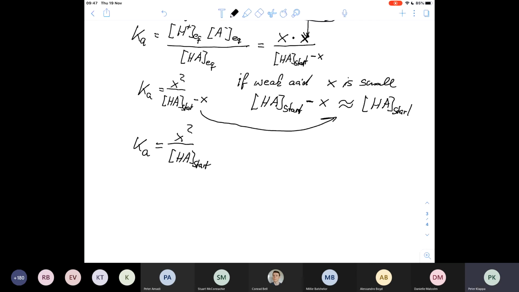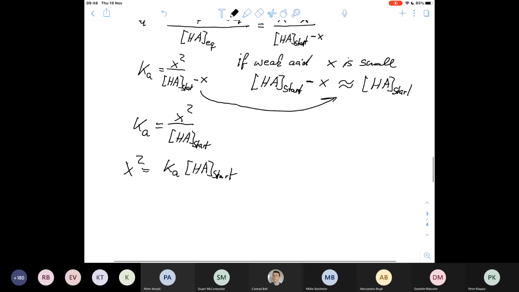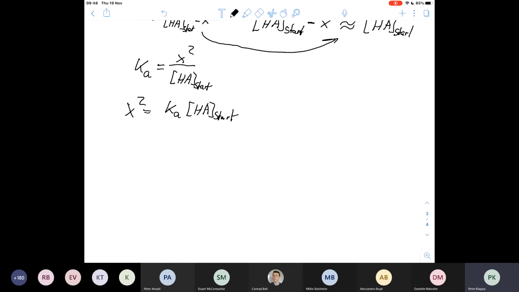We would write this as x squared equals Ka times HA start. We will do an example calculation for that, but not at that point, because I'll give you the equation in a minute.